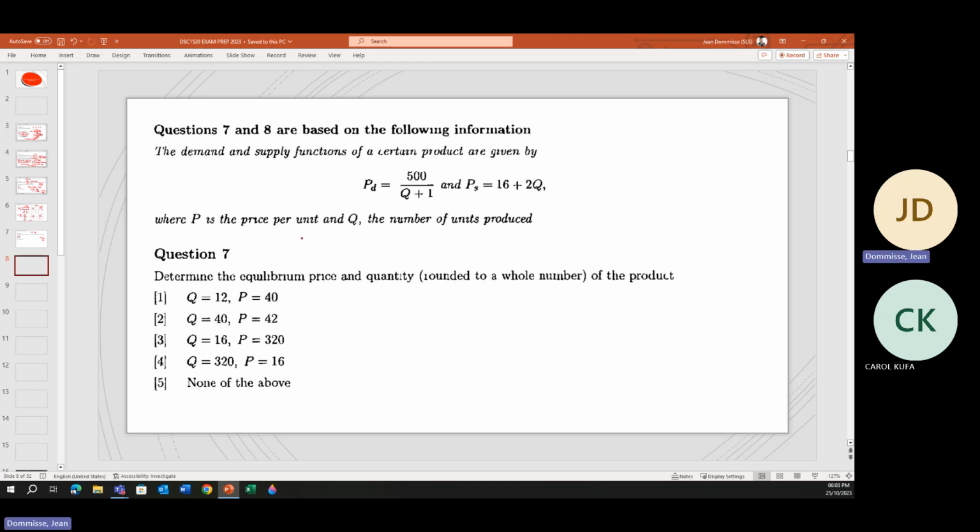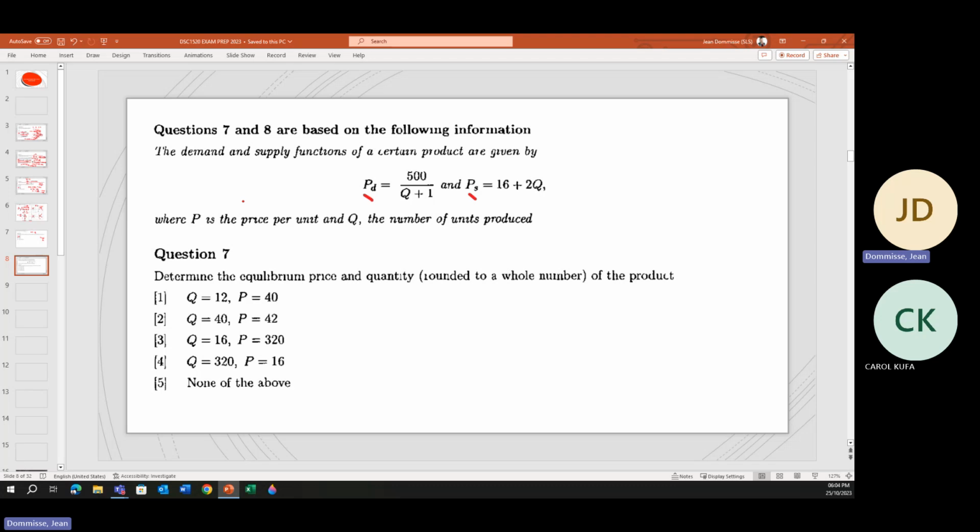Okay, so let's look at this question. The demand and supply function of a certain product are given. They give us the demand, they give us the supply, where P is the price per unit and Q is the number of units produced. Determine the equilibrium price and quantity.